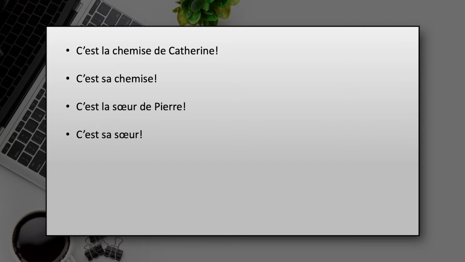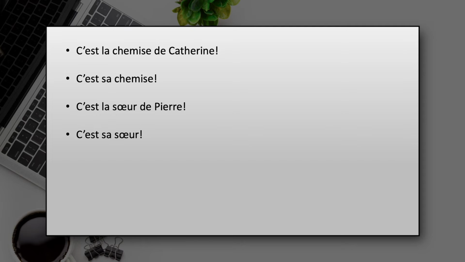Now, c'est la chemise de Catherine. C'est sa chemise. C'est la sœur de Pierre. C'est sa sœur. This particular example I am giving only to elucidate one aspect of French possessive adjectives.